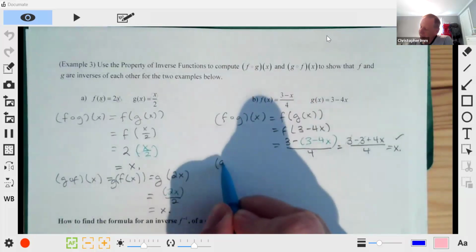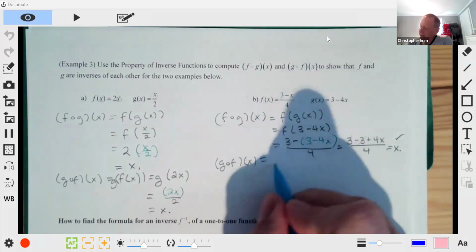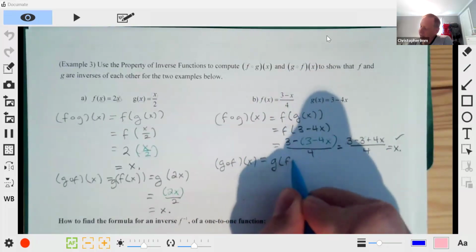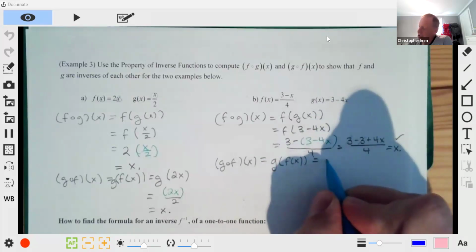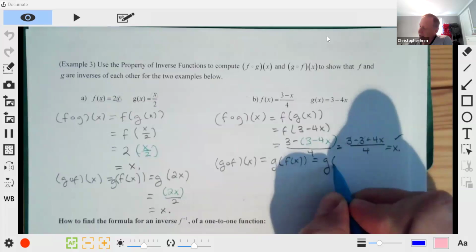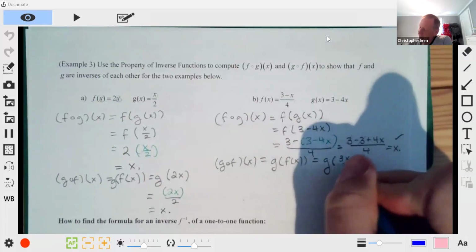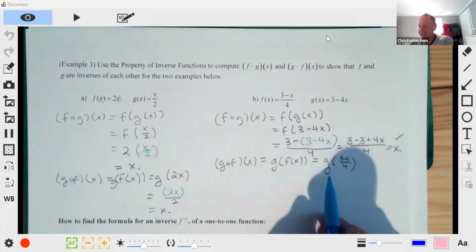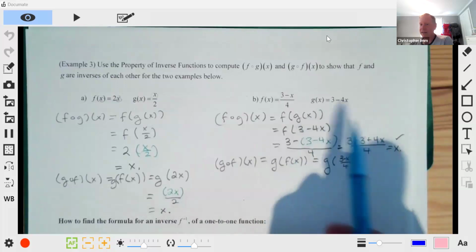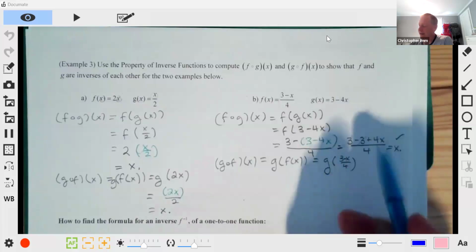If I compose them the other way, I should still get x. Let's give it a try. So g of f of x is equal to g of, here's my f of x, 3 minus x over 4. I go to my g function, I plug in 3 minus x over 4, wherever I see an x here.